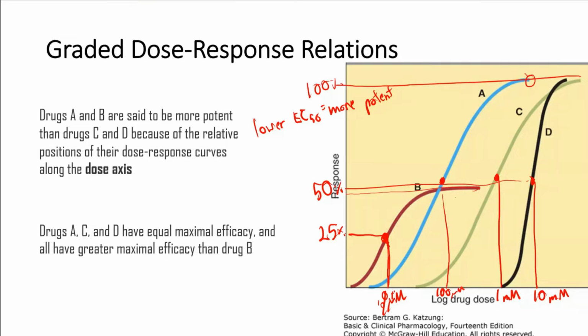All right. So ranking these EC50s, the lower is better, more potent, and higher is less potent. So if for drug D you're taking 10 millimolar of the drug, you need to have that concentration in your body, whether it's in milligrams per liter of blood or micrograms per milliliter of blood. However you want to determine concentration, you need to keep a high concentration of the drug in your body at all times.